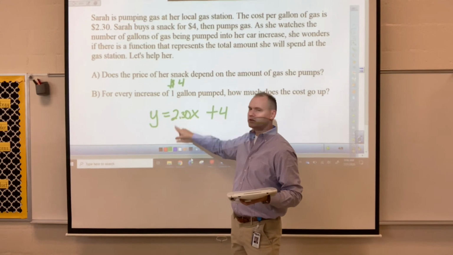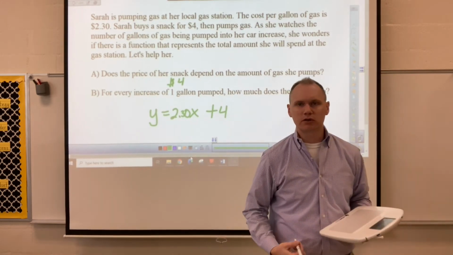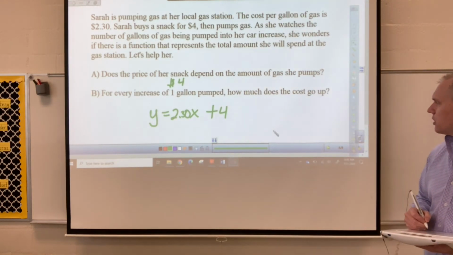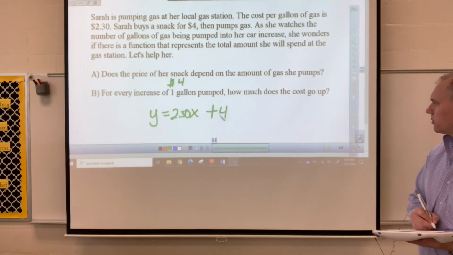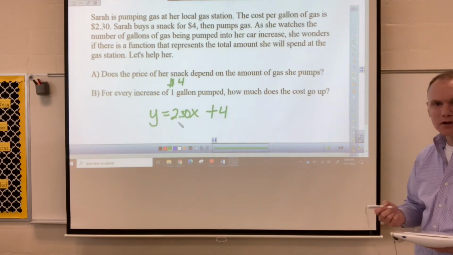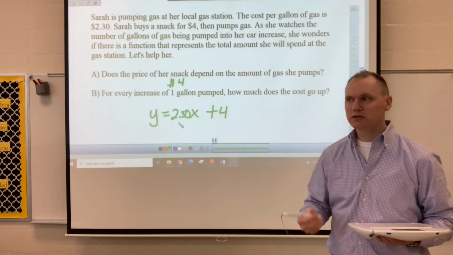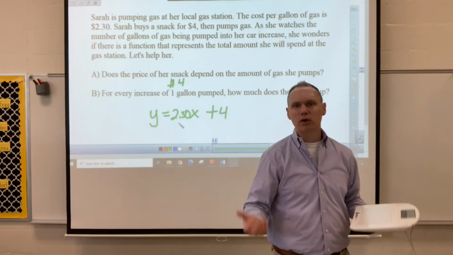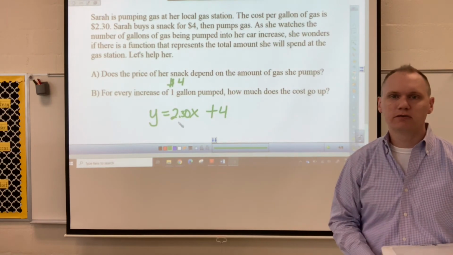And then this is the amount that increases per gallon of gas. All right. So these linear functions are, again, the same as an arithmetic sequence, just we can put in a half gallon or a fourth of a gallon, whatever. It's not just a list of numbers.